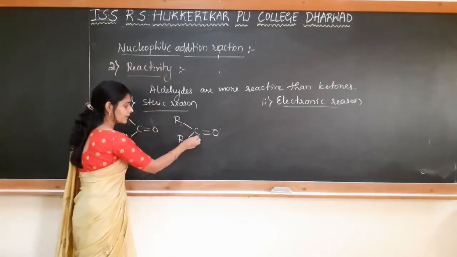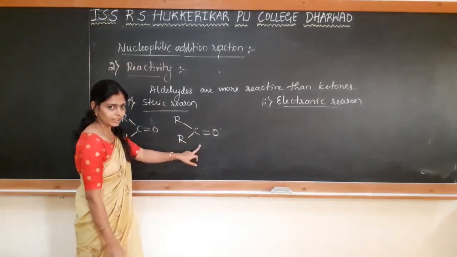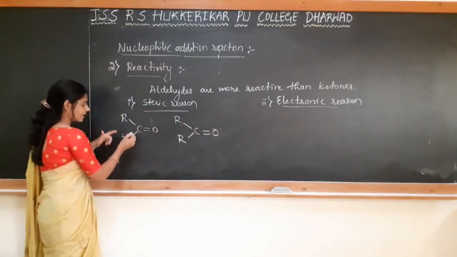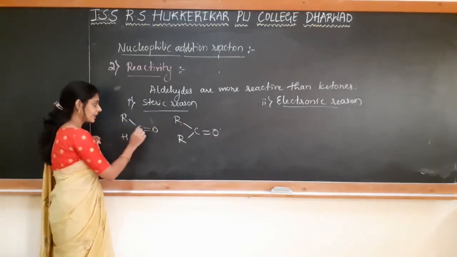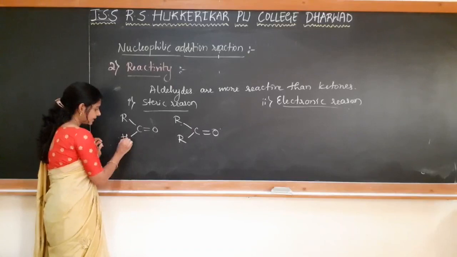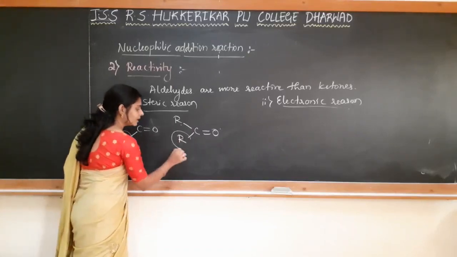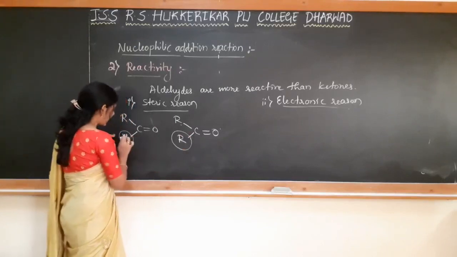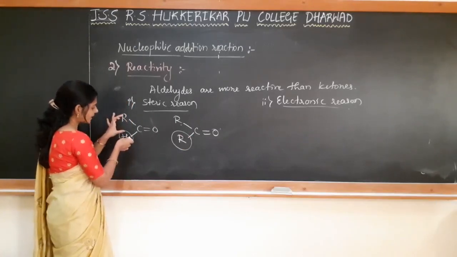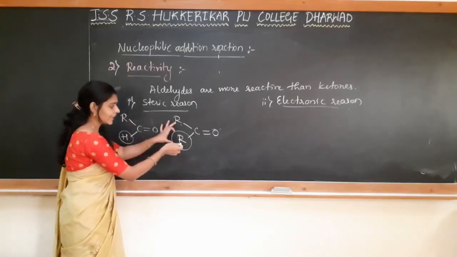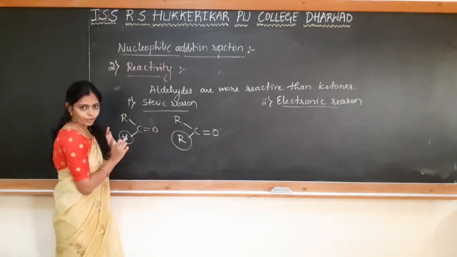Correct? So both alkyl groups are connected to the carbonyl carbon. In this case, the nucleophile attacks the carbonyl carbon. Hydrogen is a smaller atom compared to an alkyl group. So as the size of the groups attached to the carbonyl carbon varies, the reactivity also varies.